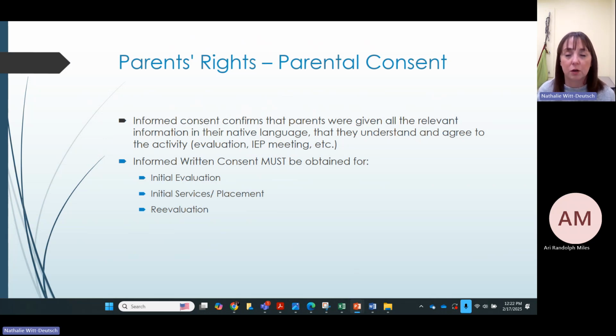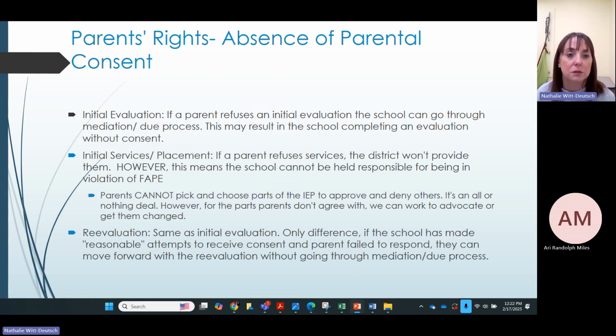So any sort of speech, OT, PT, social work, as well as any educational school placements, whether it be within a cluster program, a therapeutic program, or anything of the sort. You need to obtain written consent from the parent, indicating that they're okay with that, as well as a reevaluation. As mentioned earlier about reevaluations, we'll get into that in a second.